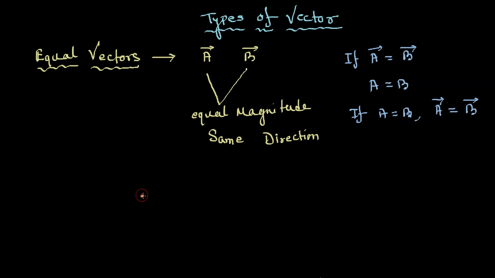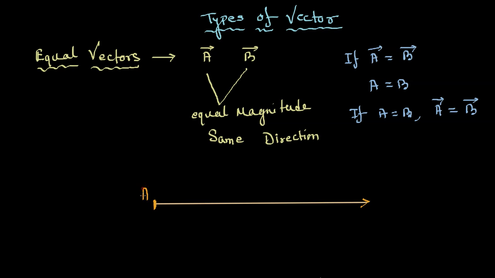Suppose we have an initial position, and this is a vector that we draw here, ending at another position.